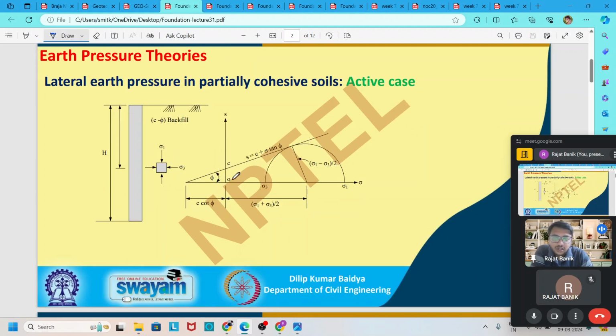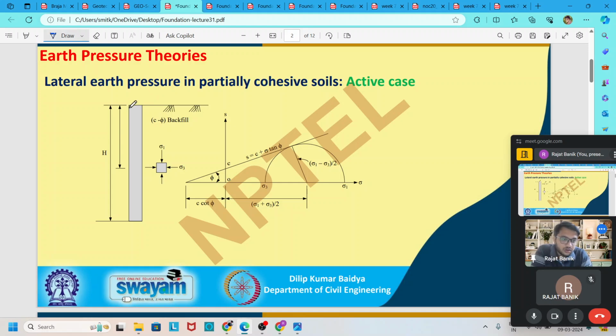In cohesionless soil, this failure surface starts from the origin like this. But in c-phi soil, there is already one shear strength present in terms of cohesion, so it cannot be zero at the origin. There is always some strength remaining in c-phi soil in terms of cohesion.